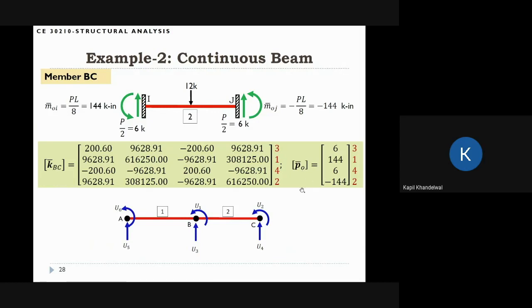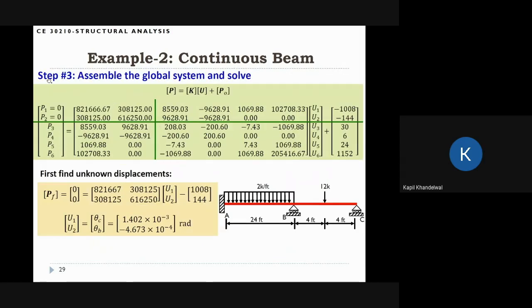Now we can go ahead and assemble this into a global system and then solve it. So step number 3 is assemble the global system and solve. For the global system, the system looks like P equals Ku plus P0. So we have to build this P0 vector carefully. This is the P0 vector in this case.